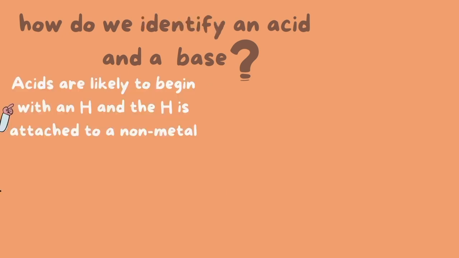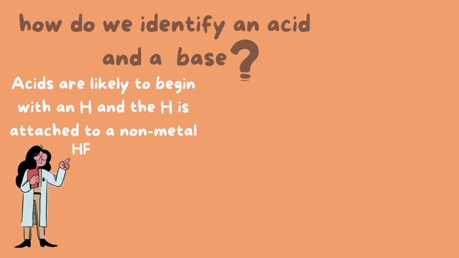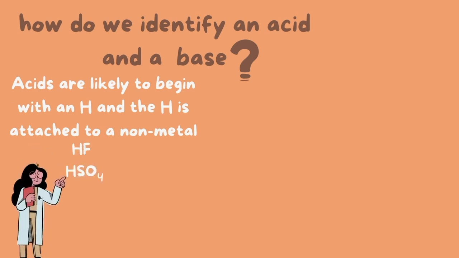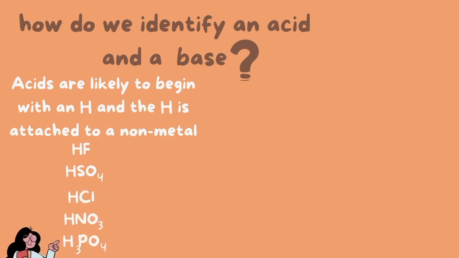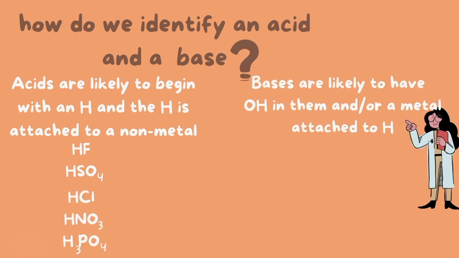Acids are likely to begin with an H, and the H, or hydrogen, is attached to a non-metal. So, for example, hydrofluoric acid, hydrogen sulfate, hydrogen chloride, nitric acid, phosphoric acid, while bases are likely to have OH in them and/or a metal attached to a hydrogen.